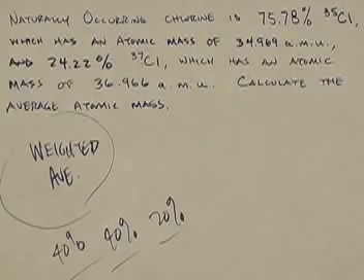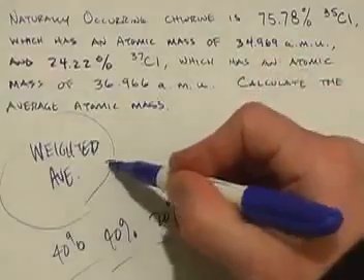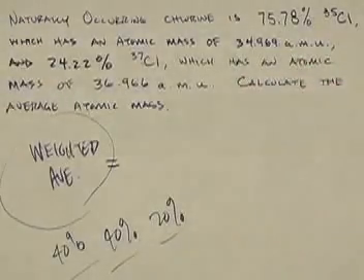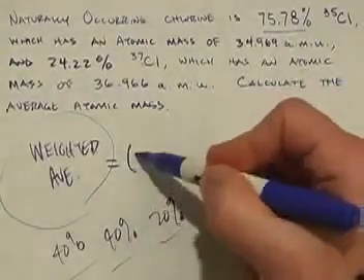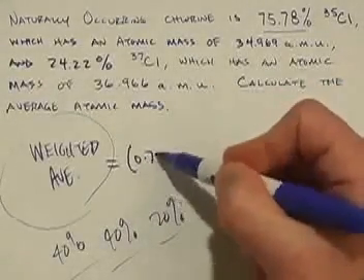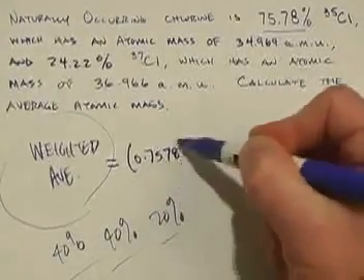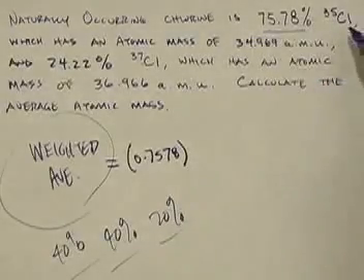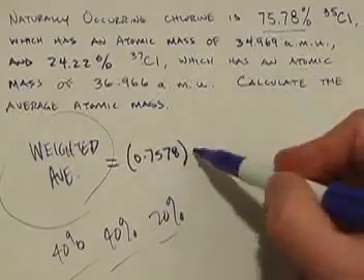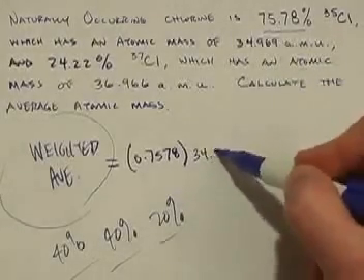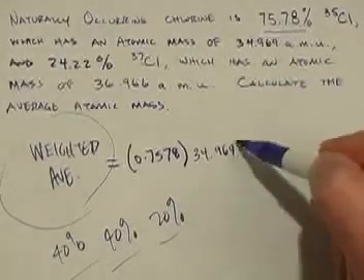So to find the total average atomic mass, or the weighted average atomic mass, what we'll do is we'll take our percentage of chlorine-35, and I'm going to write it as a decimal, 0.7578, and multiply that by the mass of chlorine-35, which is 34.969 AMUs.